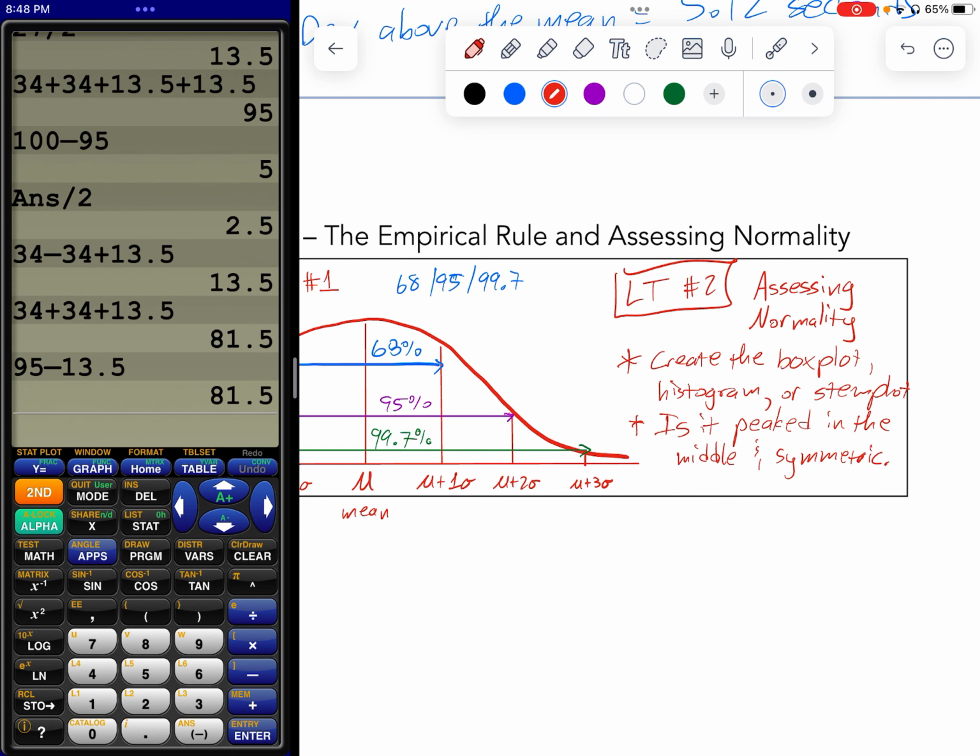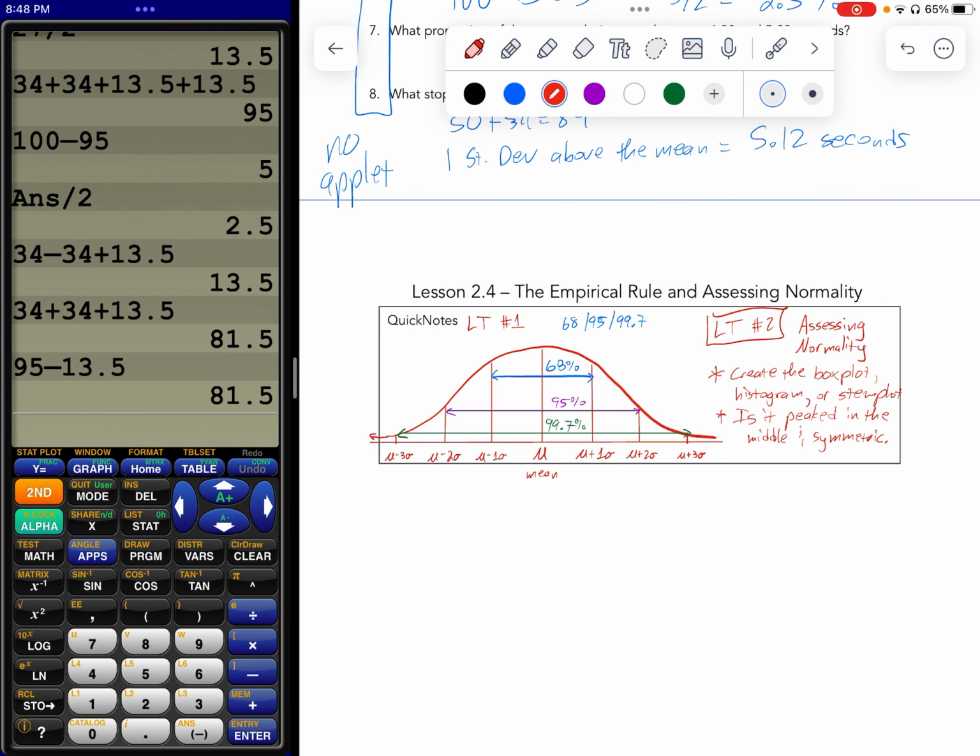Remember when we were tossing the pennies and we were rolling the dice and we were doing the 5 second stopwatch, this is what we did. We created the box plot or a histogram. I think a lot of you did dot plots. And then you looked to see if it looked like this shape. Was it peaked in the middle and is it symmetric on both sides? If it is, that's a pretty good indication that what we're dealing with is a normal distribution.